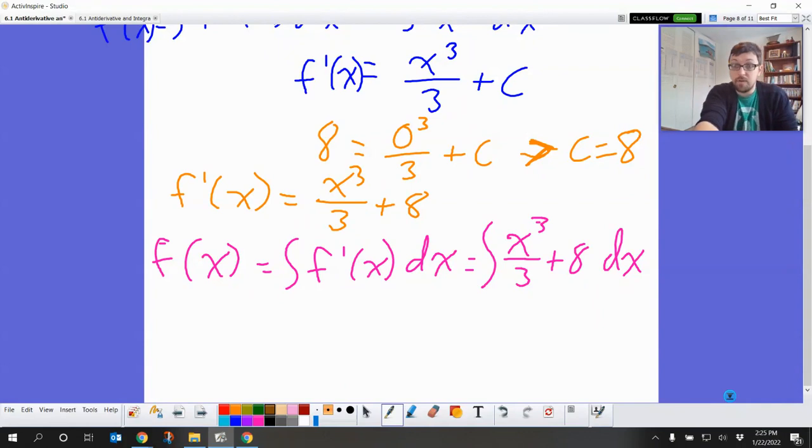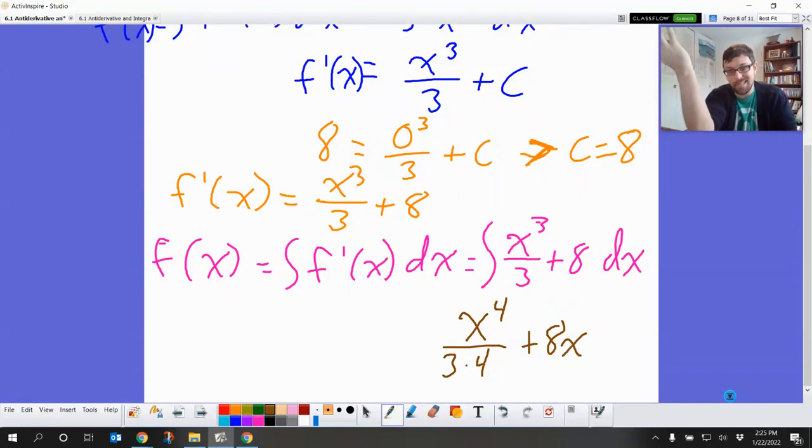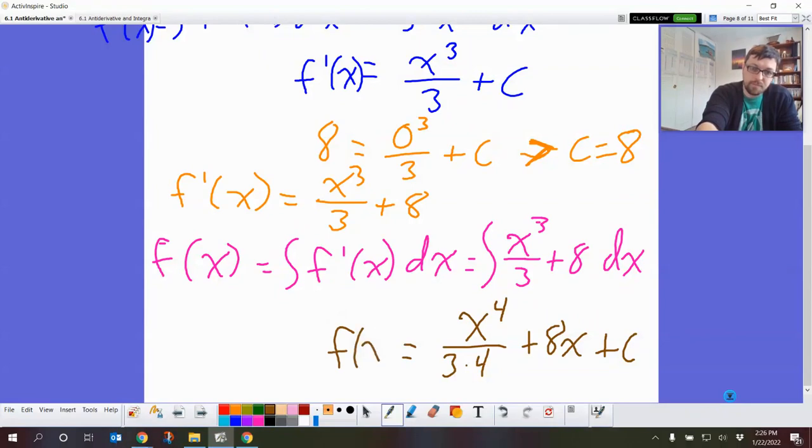We do our anti-differentiation process. So we add 1 to our 3 exponent. So that is x to the 4th over 3. And then we divide by our new exponent, which is 4. So I'm just going to drop that to the bottom. Then the 8 gets an x stuck on it, because we had an x to the 0, we added 1 to it, and that makes an x to the 1. And you divide it by 1, but that doesn't do anything. And then we get our plus c.